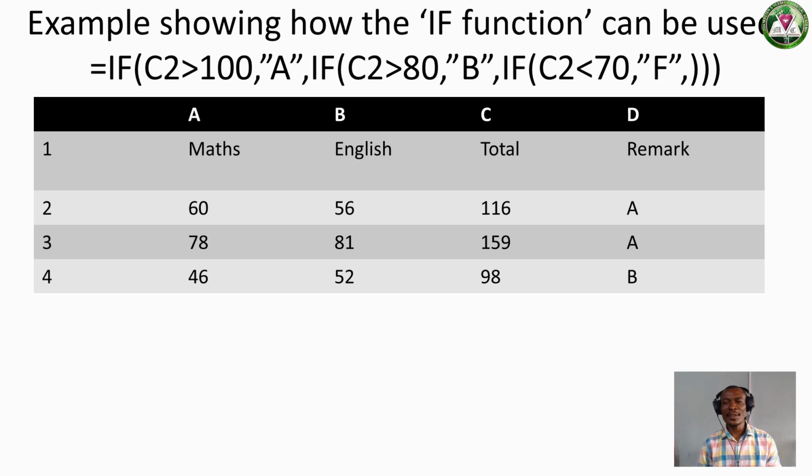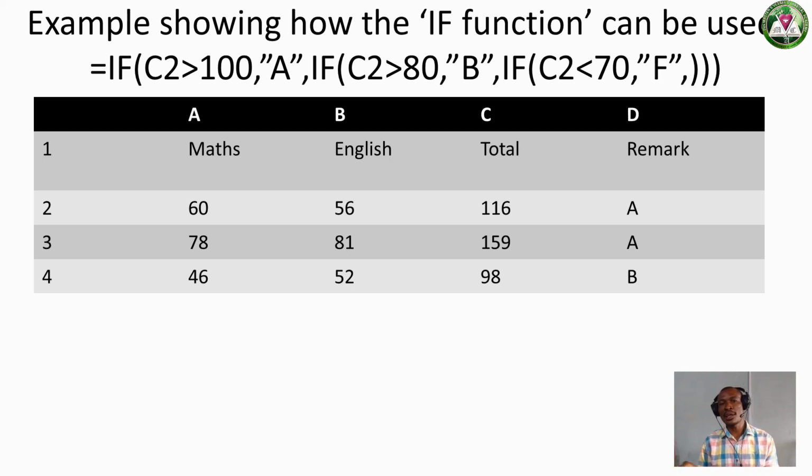Now, because I have used only 3 criteria here, that is 100 for A, 80 for B, and 70 for F, at the end I now have 3 brackets. If you are doing it in your system, you discover that when you put the first bracket, the color of the bracket in the last statement will change.